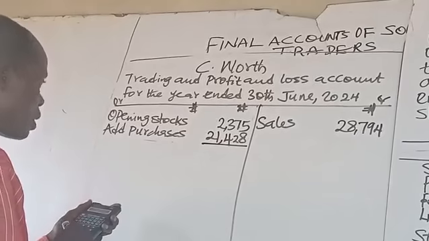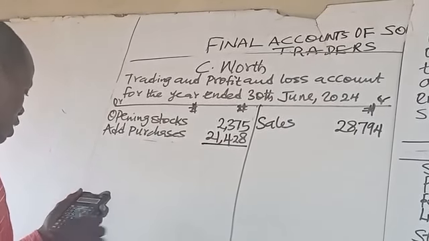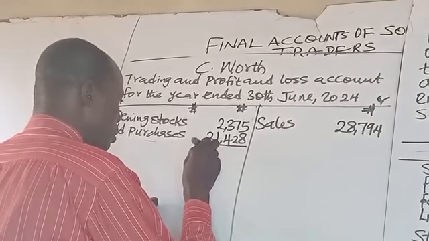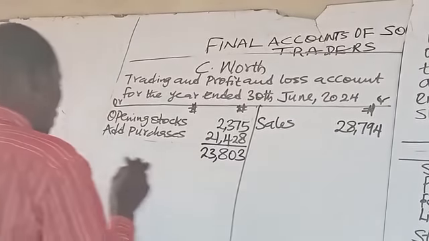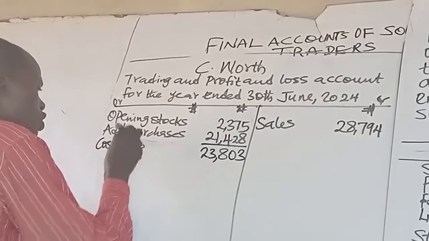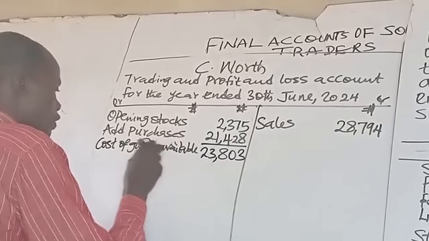2,375 plus 21,428, we have 23,803. This is cost of goods available for sales.